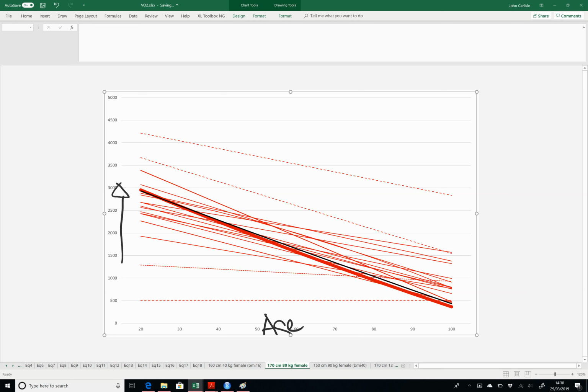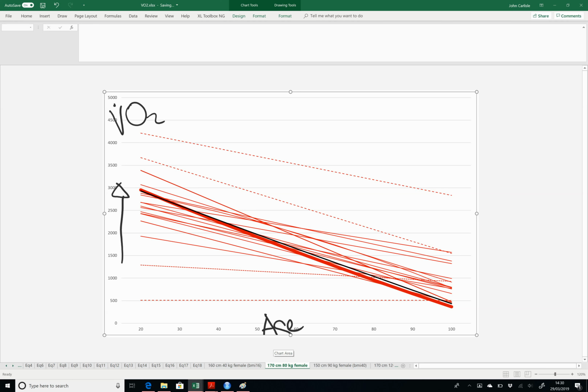And you can see that there are a number of lines on here. Each of these lines depicts the predicted peak oxygen consumption at a given age for a 170 centimetre and 80 kilogram woman. And you'll see that the values are quite varied.